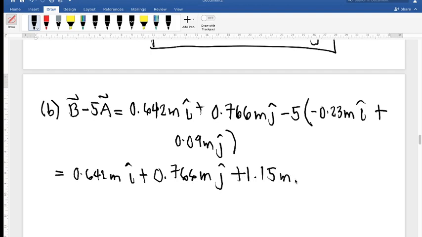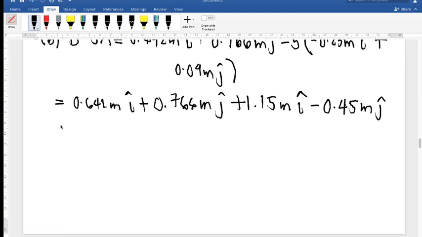Okay, so 1.15 i hat. Then here, negative 5 times 0.09. So how much is that? So that is negative 0.45. So negative 0.45 meter j hat.